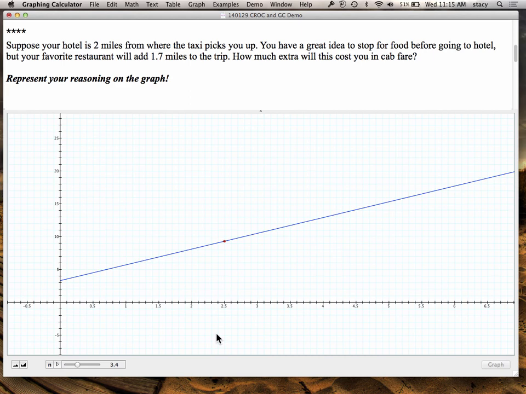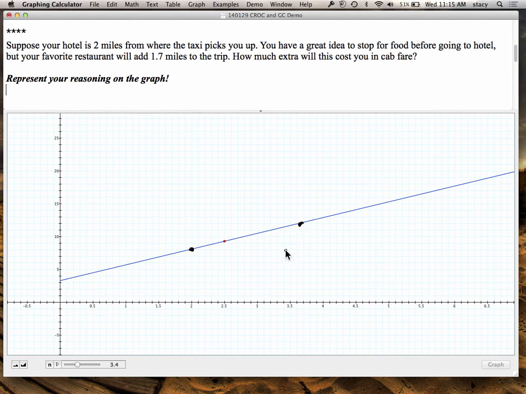Cool, yes. So you plot the value at x equals 2 and x equals 3.7. Okay, so at x equals 2, that's how much it would have cost if I went straight back to the hotel, right? But I decide to detour and go get food. That's over here, right?